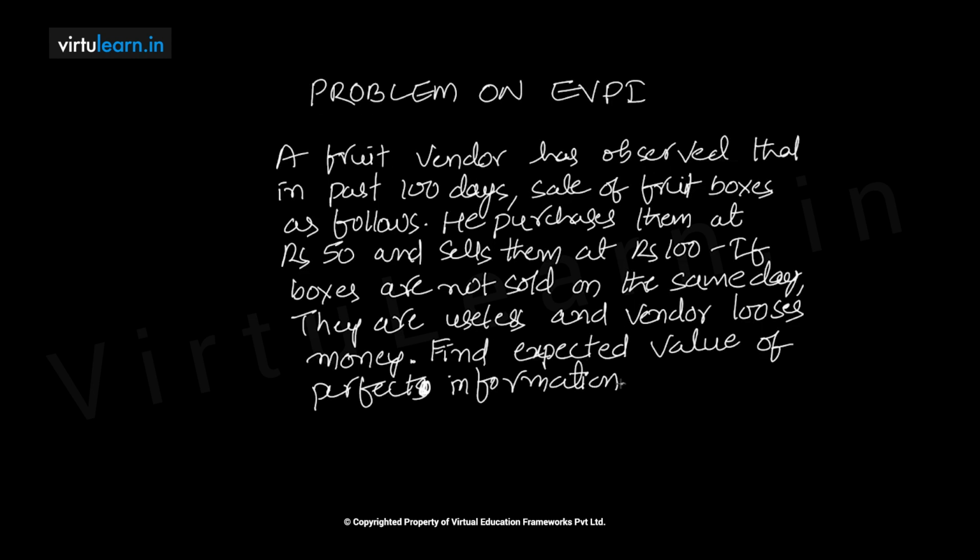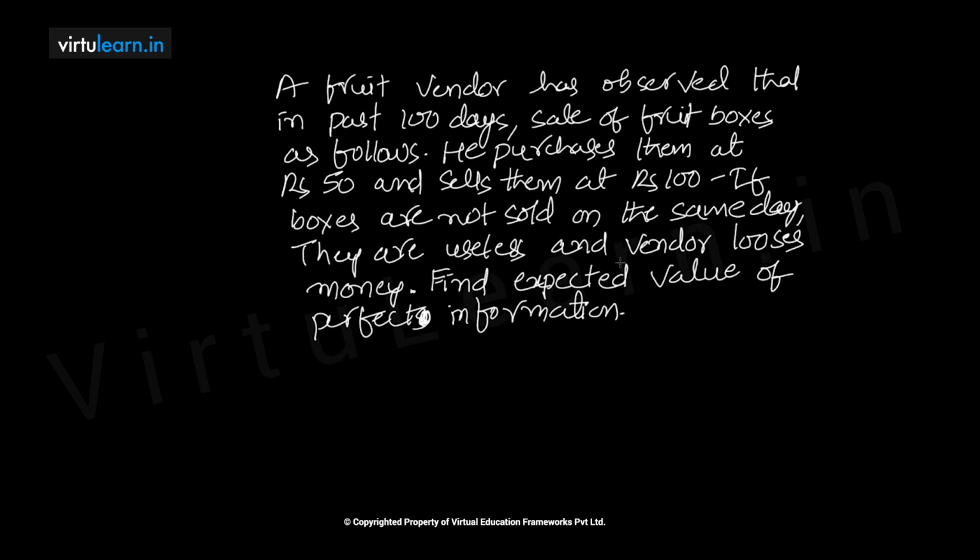Here in this example, we have taken one problem related to a fruit box vendor, where he purchases each box for ₹50 and if he does not sell the box on the same day, he will lose that 50 rupees because it is perishable. But if he sells on the same day, he will get a profit of 50 rupees.